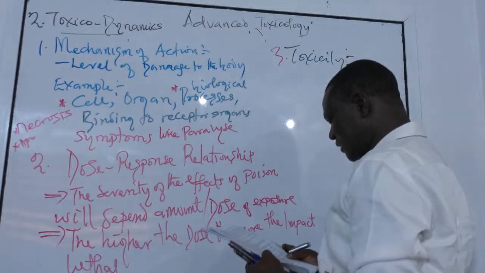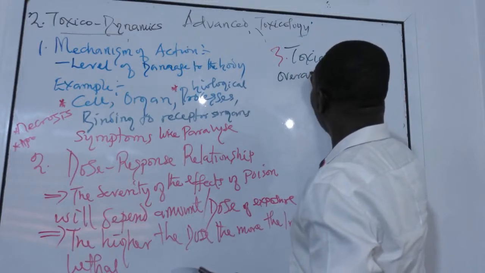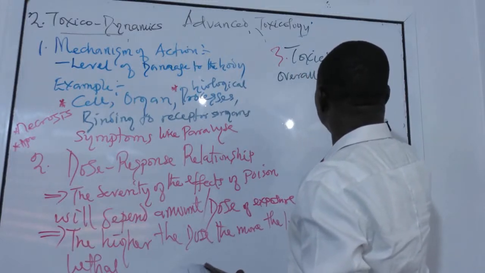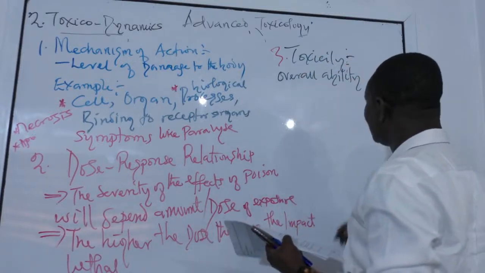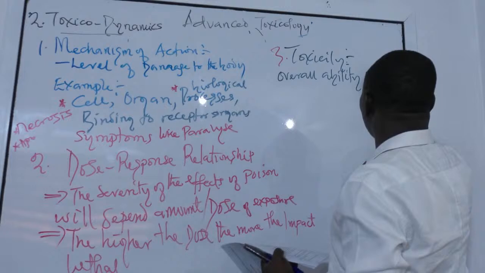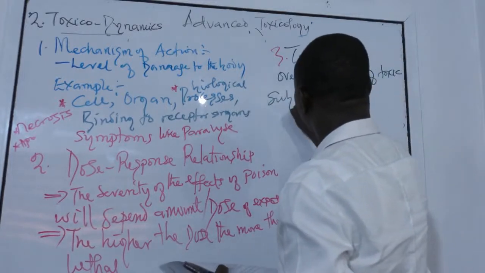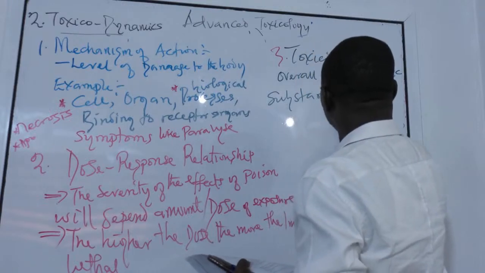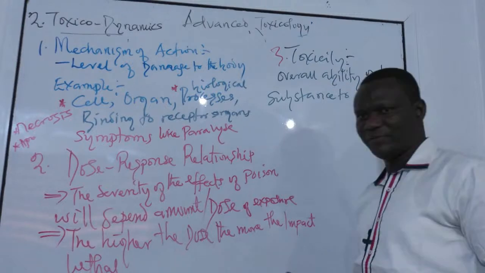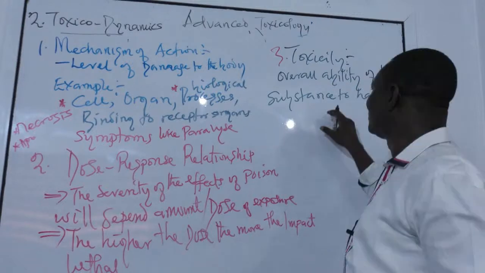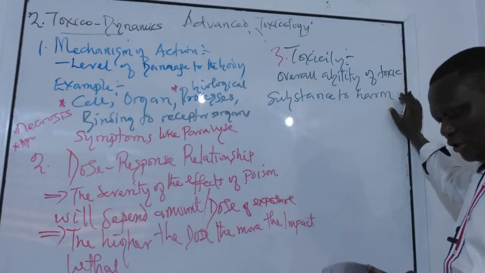Toxicity is measuring the overall ability of any toxic substance to cause harm. We are measuring how effective and how dangerous any substance is in the body. That is, you are trying to measure the toxicity.